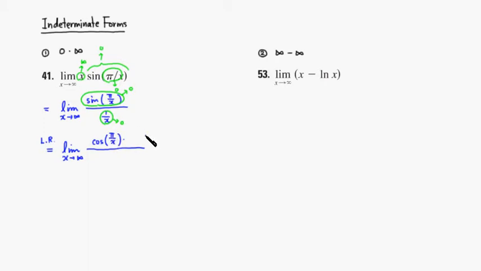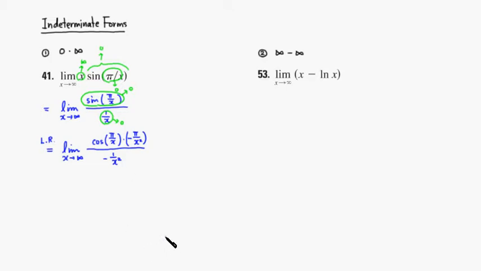The derivative of the inside would be negative pi, which is just a constant, over x squared on the bottom. And the same thing happens with the bottom, it's just a negative 1 over x squared. So we took the derivative of the top and the derivative of the bottom separately.